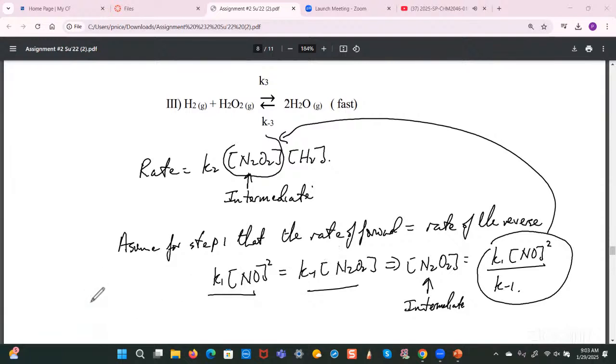When I do that, I'm going to end up with the rate is equal to K2 times all of this here, K1 times the concentration of NO squared divided by K minus 1, and then multiplied by the concentration of H2, right? Now, if you look at this equation here compared to the equation that was shown earlier, let me scroll back up here.